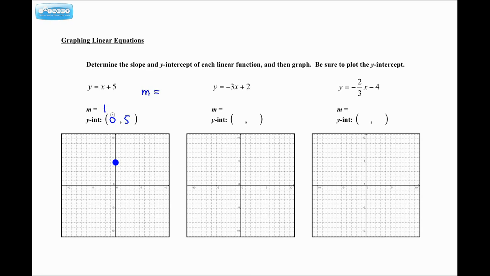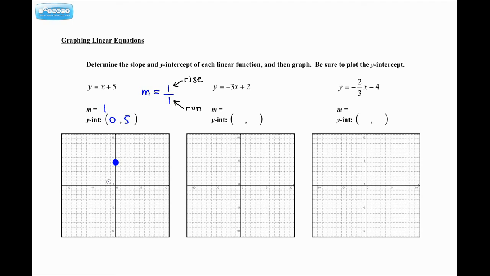Remember that if I have a slope of 1, that's the same as 1 over 1, and we know that slope is rise over run. So to move along the line and remain on it, from any point, we can simply go up one space, because this is positive, and since this is a positive one, we go to the right one space.